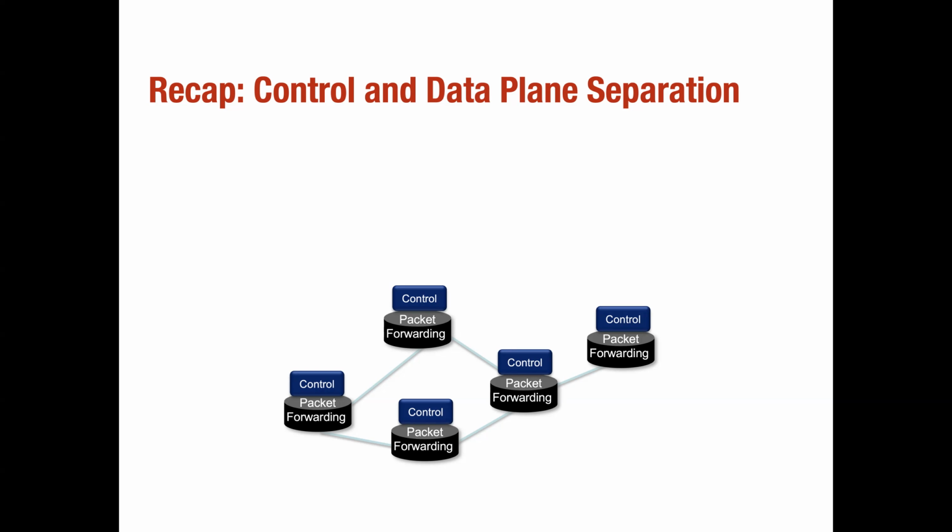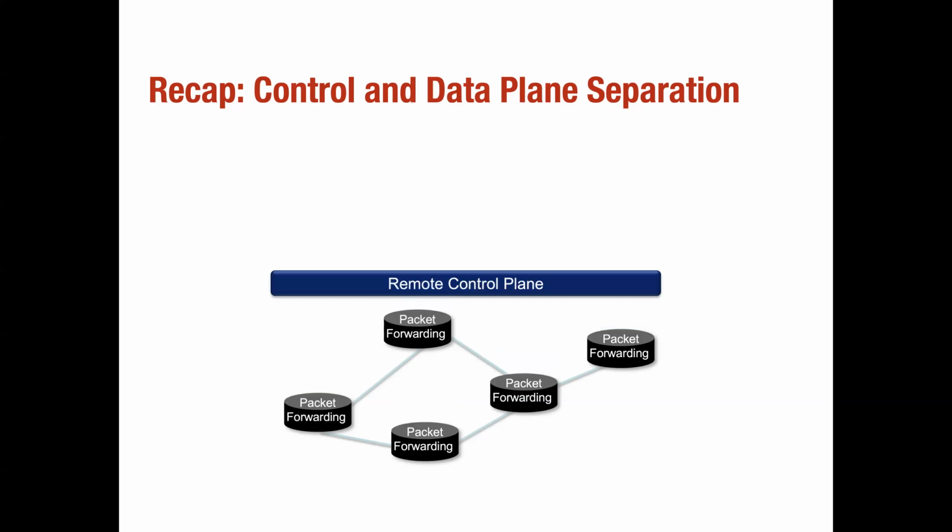So compared to this traditional view, what changed is that all the control logic from the routers got moved to a remote control plane, and then the data plane was just handling packet forwarding, right? So this is the high level overview of what software-defined networking is, and that's what we covered in the last lecture.